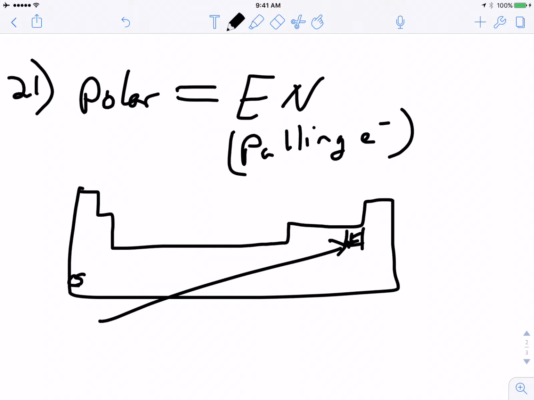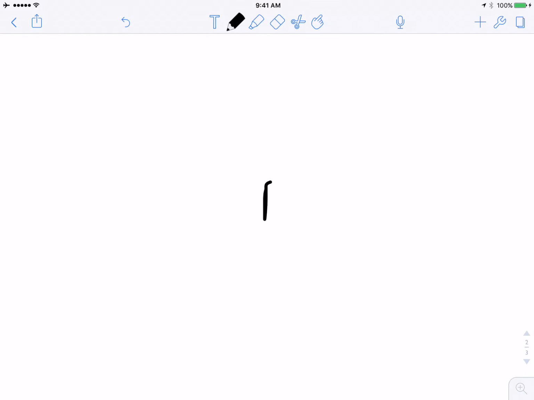So when it comes to fluorine and hydrogen, fluorine has a lot of electronegativity, 7 valence shell electrons, and needs one more to be stable. It's going to pull the electrons over almost to the point of an ionic bond.